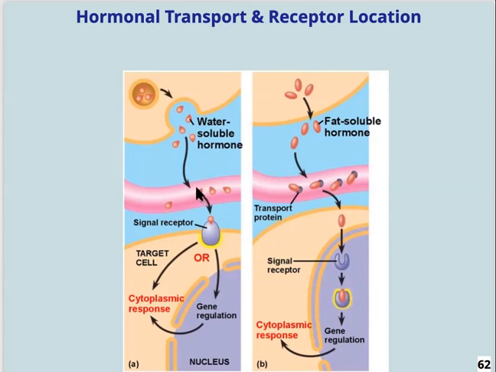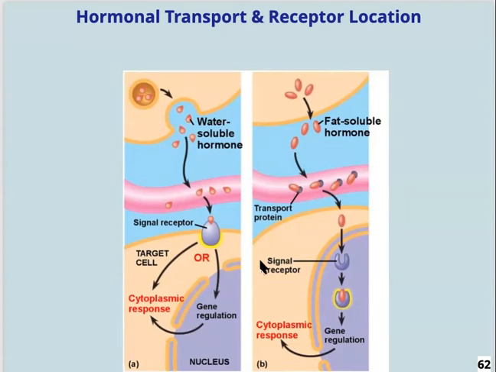That is, they can travel freely, although they cannot cross the cell membrane freely. On the right, we've got hydrophobic or lipid-soluble, fat-soluble hormones, namely the steroids as well as thyroid hormone. And these hormones, even though they can freely cross the cell membrane, when they are being transported in blood, in order for them to dissolve in blood, they need to bind to a carrier protein.